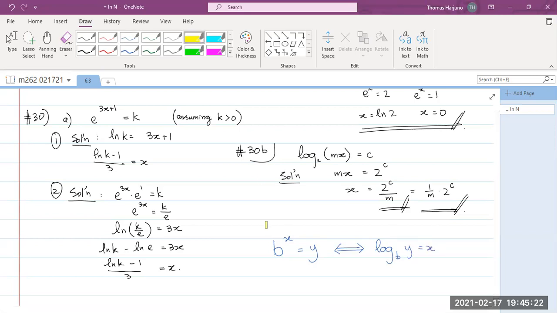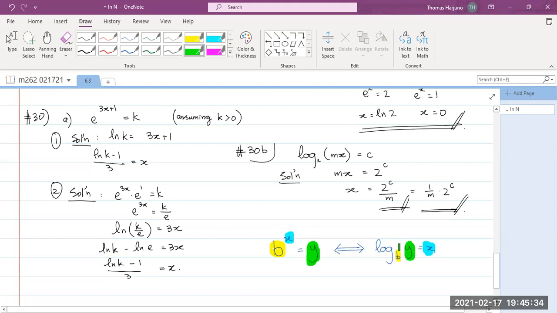So you see the base is here, the exponent is here, and then the argument is here. If you kind of see, this is the base, I color it, this is the argument, and this is the exponent.